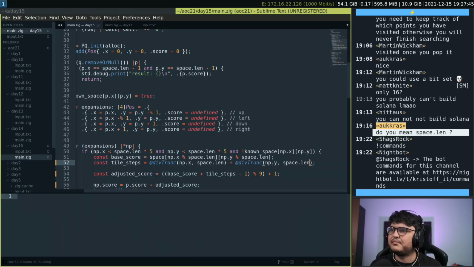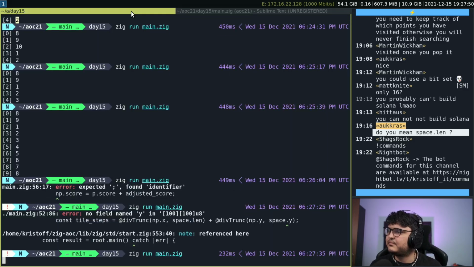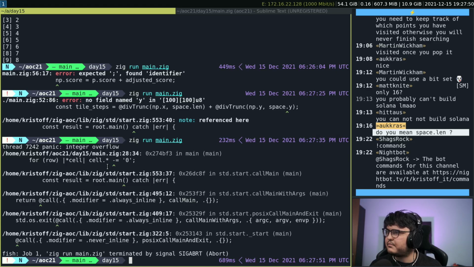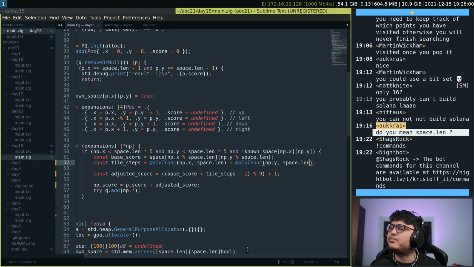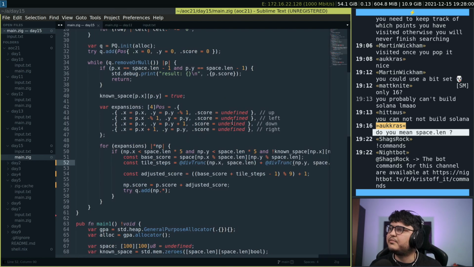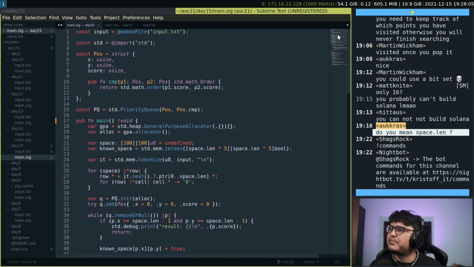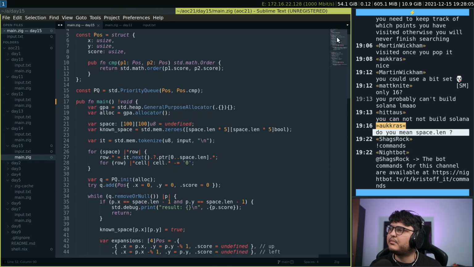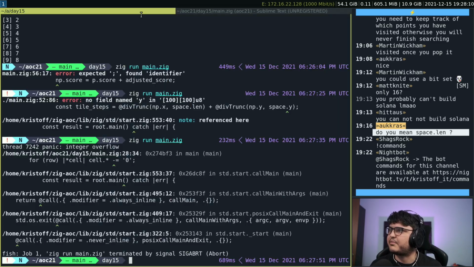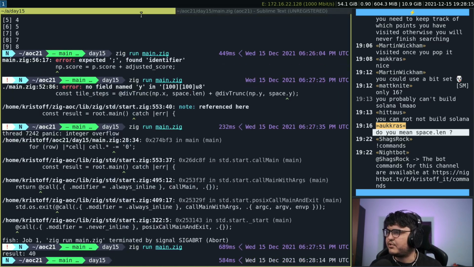Space.len. Panic: integer underflow. Oh no! I'm dumb. I thought this was worse. I just needed to readjust the numbers for the test input. Result 40.